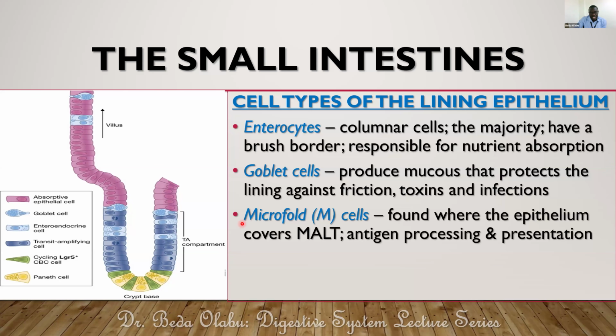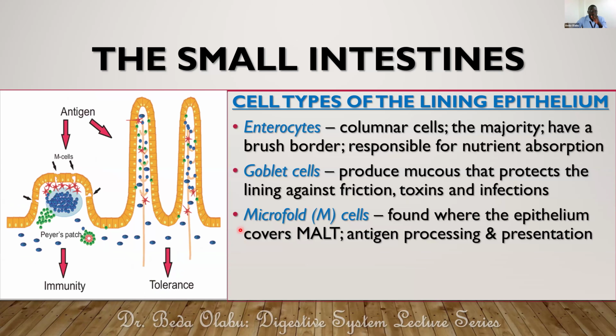We have the microfold cells. The microfold cells are found where the epithelium covers a region having mucosa-associated lymphatic tissue. These cells function as the antigen processing and presenting cells. So like here, we have microfold cells on top because down here, we have a Peyer's patch.